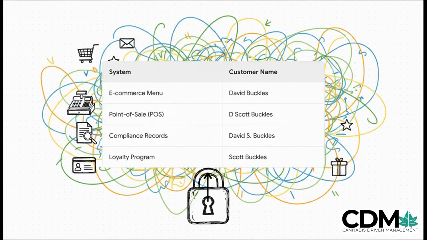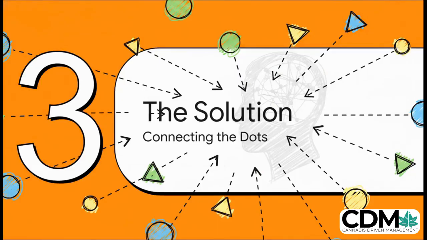But at the point of sale, from a time he came in before, he's D. Scott Buckles. Then your compliance software, maybe from an ID scan, has him as David S. Buckles. And then, of course, the loyalty program just knows him as Scott. 4 systems, 4 names, but only 1 customer. So how do you possibly fix a mess like this? How do you take this fragmented, blurry picture and turn it into a single, sharp profile?